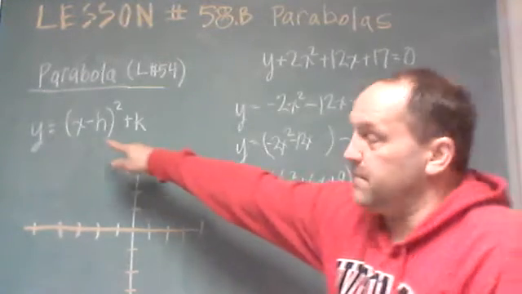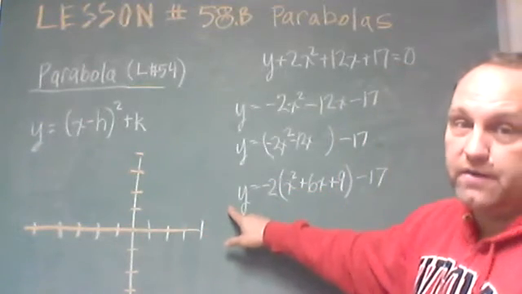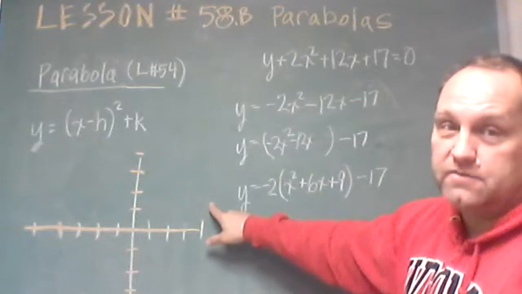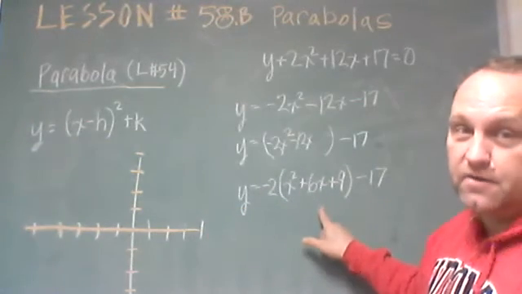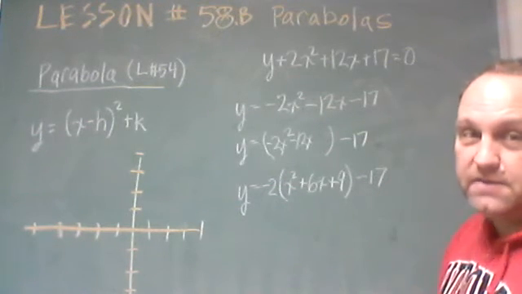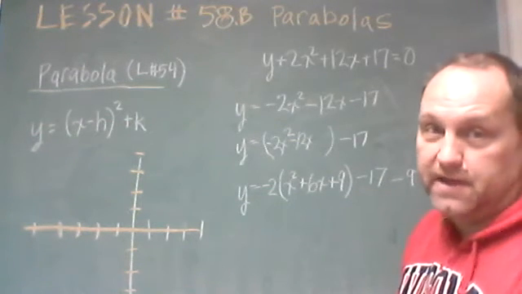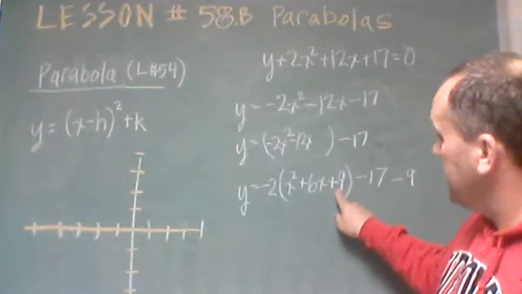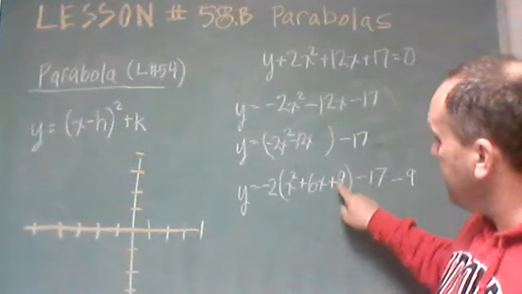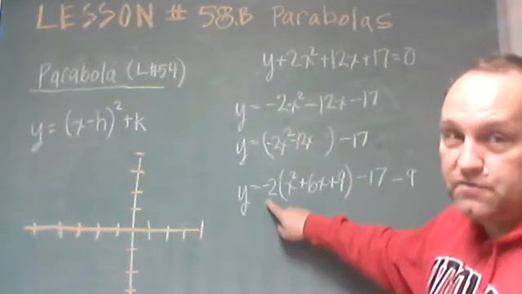But we don't want that because we want it in the general form where y equals. We don't want any other numbers over here on this side. So instead of adding 9 to this side to maintain the equality, because I added 9 here, I'm going to subtract 9 on this side. Okay, subtract 9. But the twist with this lesson is, you notice, I am not actually adding 9 to this side. I am adding a 9 times a minus 2.